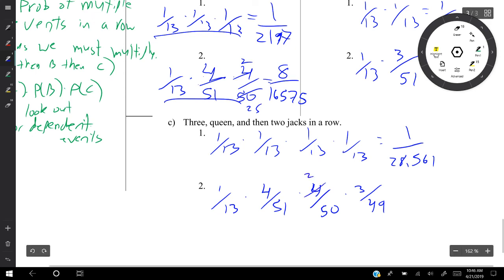This reduces the 2/25. 3 goes into 51. That's 1/17. Can I do any more reducing? I don't think so. 4 times 2 is 8, and then 13 times 17 times 25 times 49 is a big obnoxious number. 270,725.